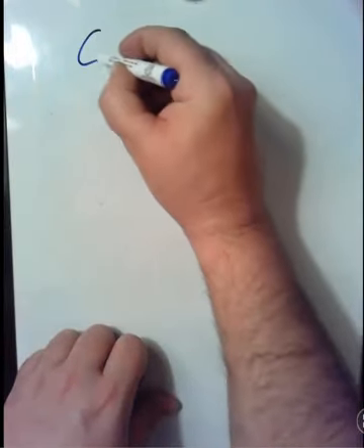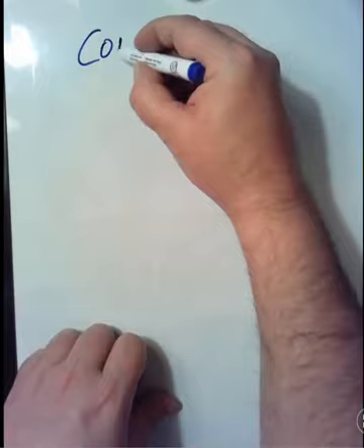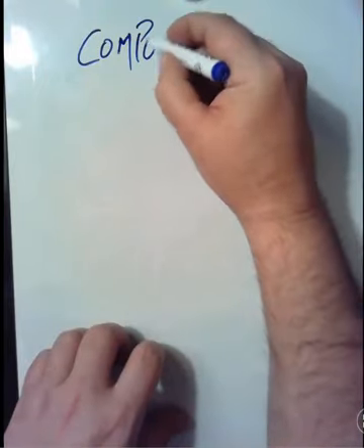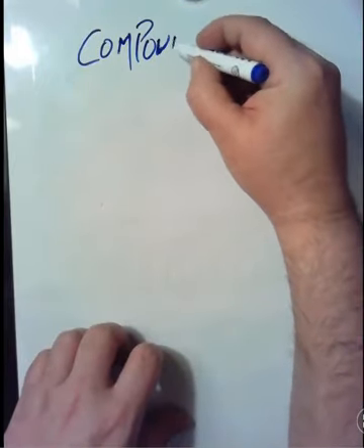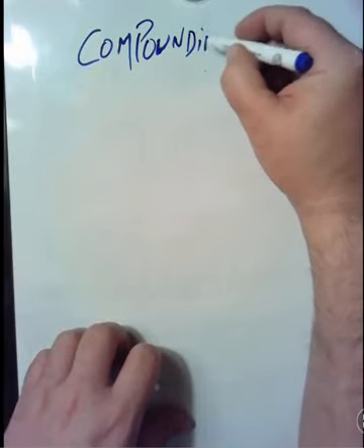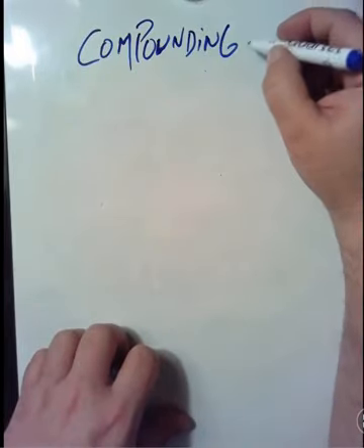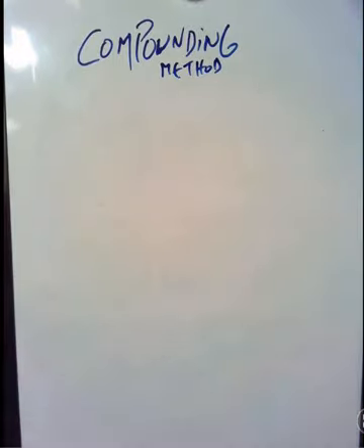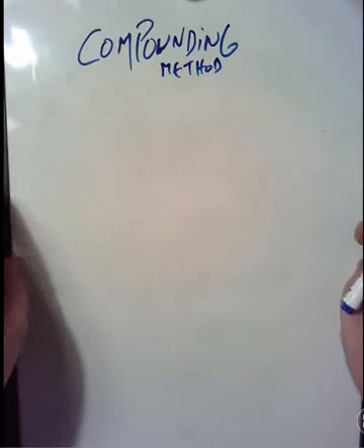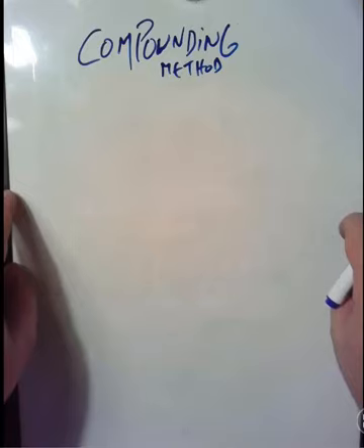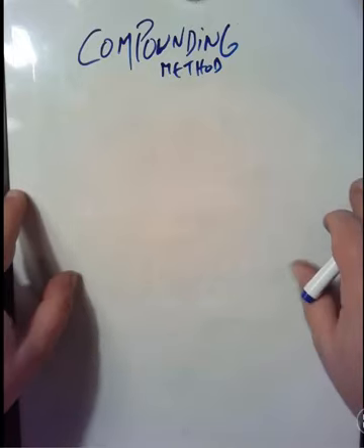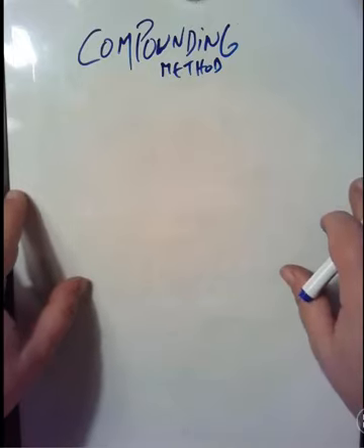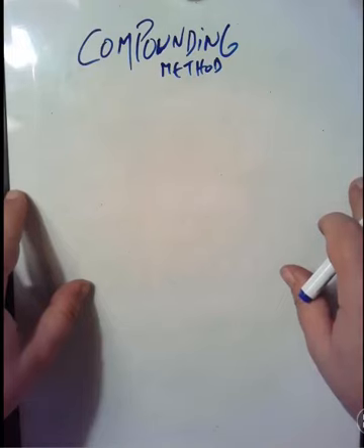Let's focus on the compounding method from now on, because this is the most frequently used method, and that's the one the course is going to be based upon. The simple interest method was just introduced to contrast the difference between the two methods.